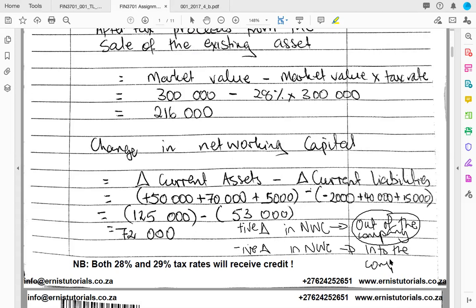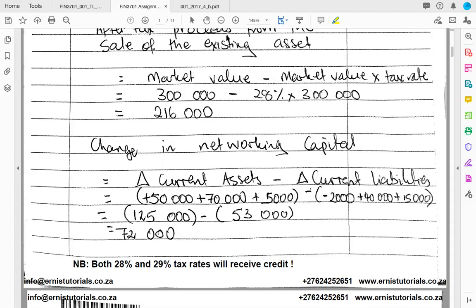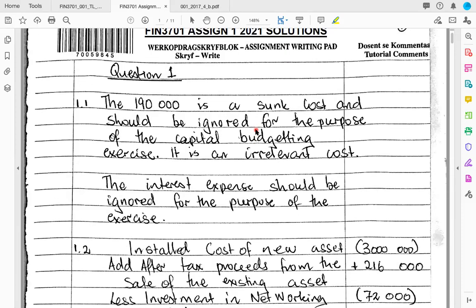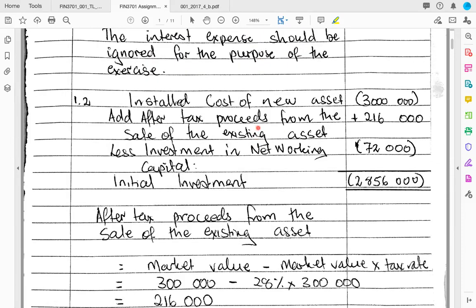Okay, so in this case, because our change in net working capital is positive, it means money went out of the company. We spent more money purchasing current assets compared to the money that came in from current liabilities from loans.